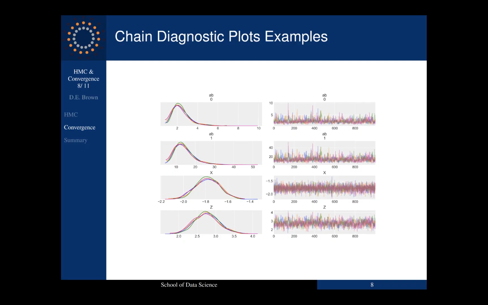Every one of them, even the ones that are skewed, are still showing good convergence, the kind of behavior that we would like to see from the chains, showing that they're converging to the underlying distribution. So we'd be confident that we've got good, accurate representations of the distribution based upon the traces for these parameters from that distribution.